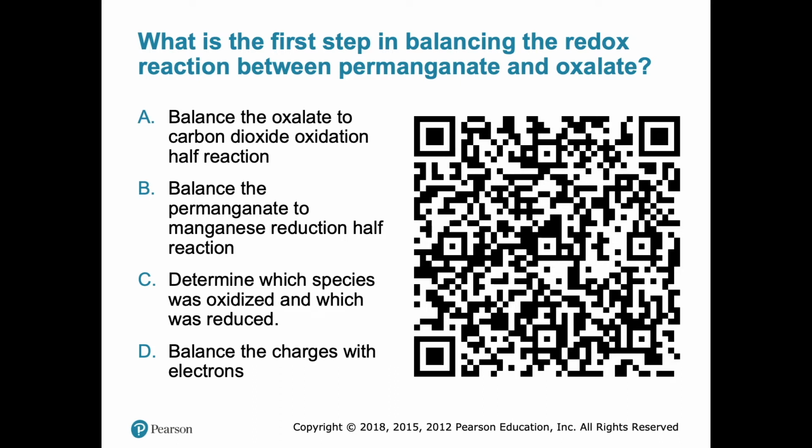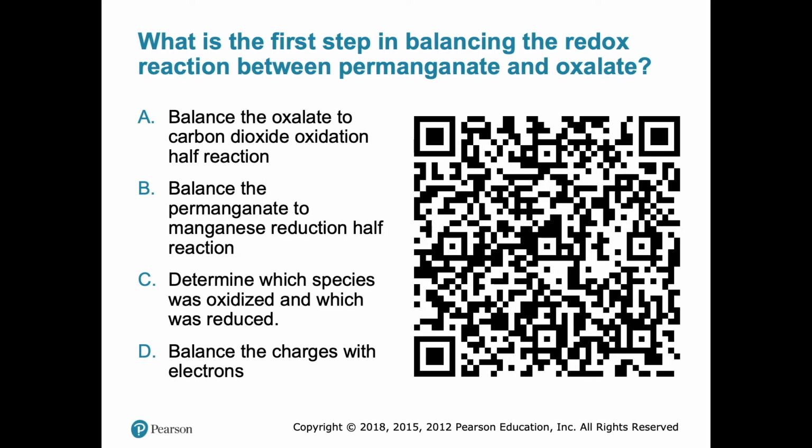Because before you can even balance out the oxalate and carbon dioxide side, and the permanganate and the manganese side, you have to figure out what species is actually getting oxidized and what species is actually getting reduced. You don't have to actually figure out what the oxidation numbers are of each of the species, but you have to know which one's getting oxidized and which one's getting reduced, so you can make the correct half reactions.